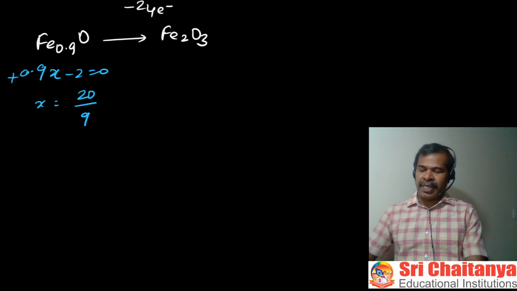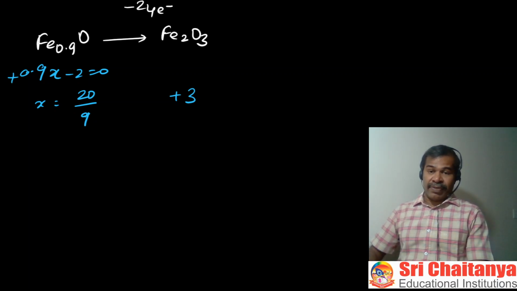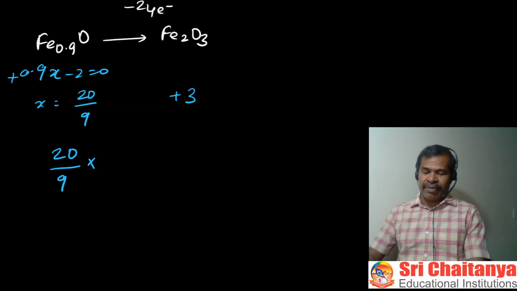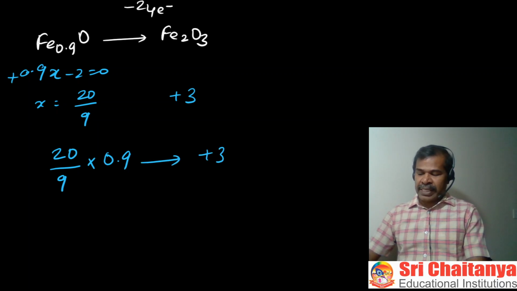And on the right hand side it is Fe2O3, so obviously it is plus 3. Now how to get the valency factor or n factor? The average oxidation state is 20 by 9 into how many Fe's you have? You have got 0.9 Fe. So into 0.9, changing to plus 3 into 0.9. Why 0.9? Because the compound of your interest is Fe0.9O.